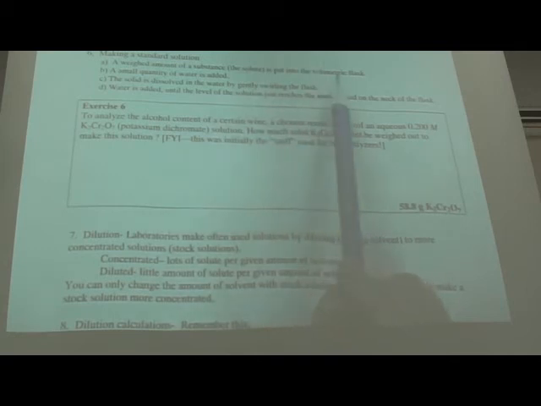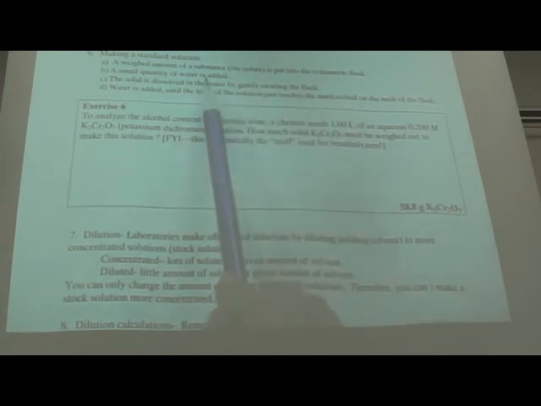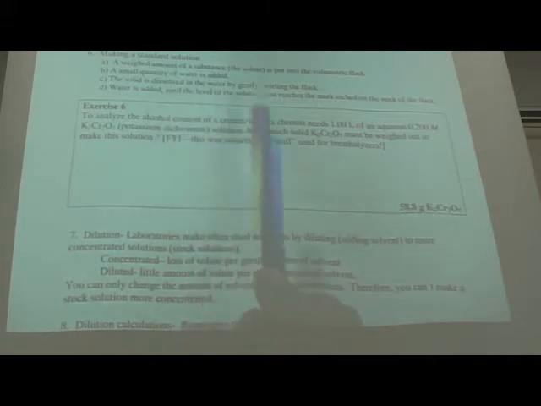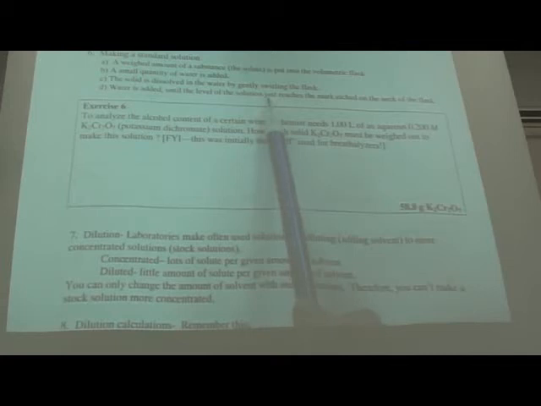To make a standard solution, I weigh the solute, and I put it into a volumetric flask. I add some water to dissolve it. I swirl the flask, and then I add water to the level that I need.